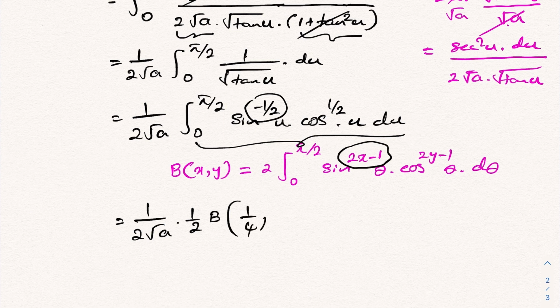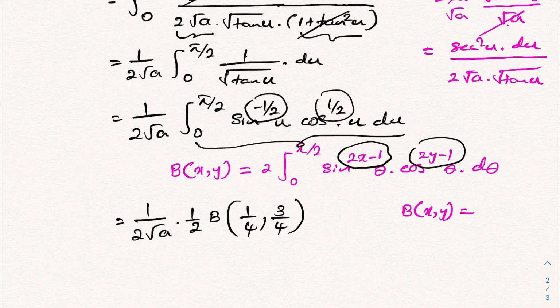Then 2y minus 1 is equal to 1/2, so if we isolate the y, we have 3 over 4. Then we know the relation between gamma function and beta function: beta of x, y is equal to gamma of x times gamma of y over gamma of x plus y.